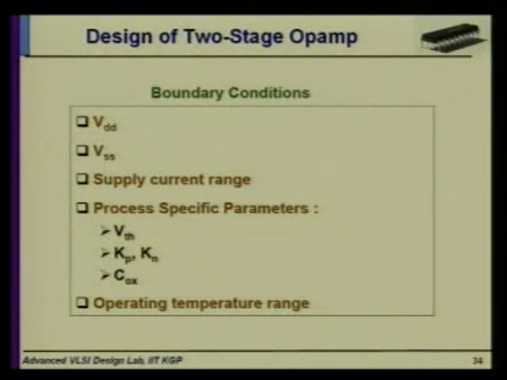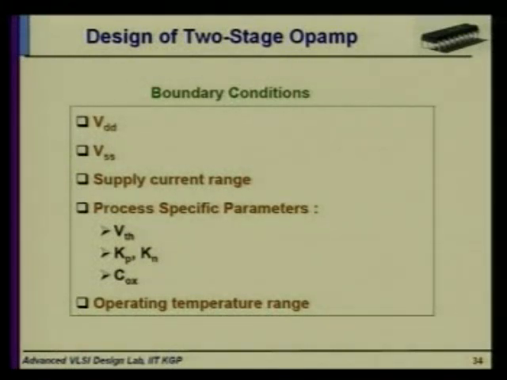These are the boundary conditions, that is the power supply, the maximum voltage supply VDD, and VSS, the reference voltage which I told you yesterday. I am giving you a thumb rule for VDD. It is dependent upon the technology you are using. There is a simple relationship between the technology and the maximum power supply.